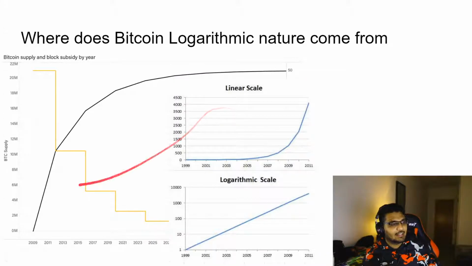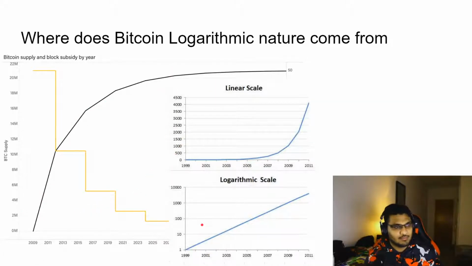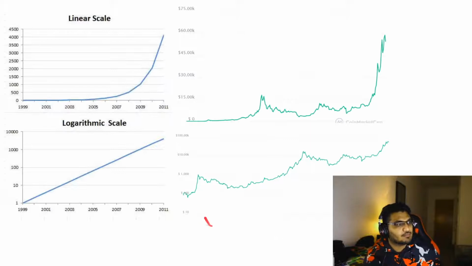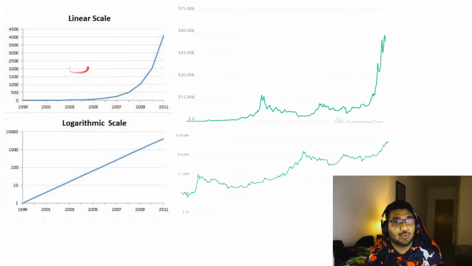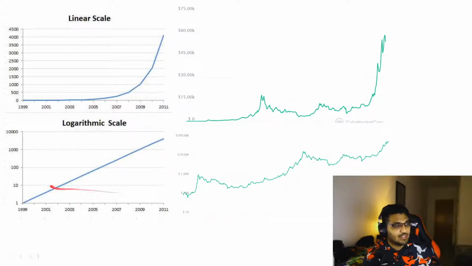And that kind of stems from this being logarithmic, whereas the demand is the opposite way. So we can see here that this curve looks like this. But this is a terrible way to view the information. A better way to view the information is using a logarithmic scale instead of a linear scale.